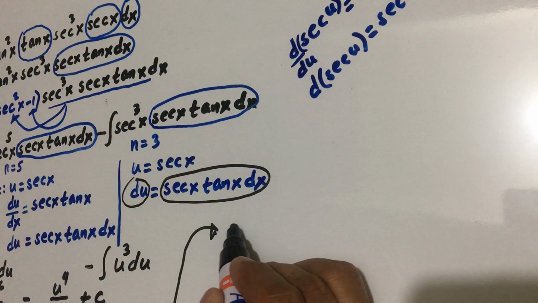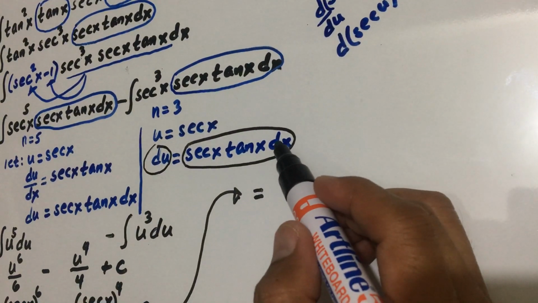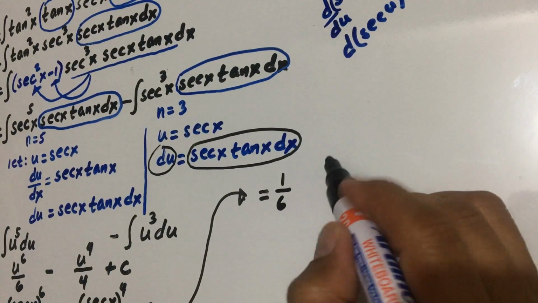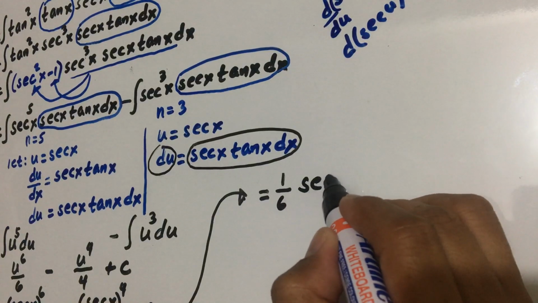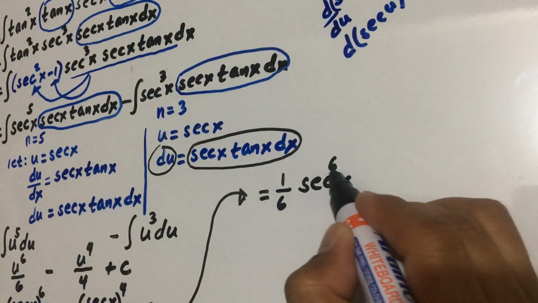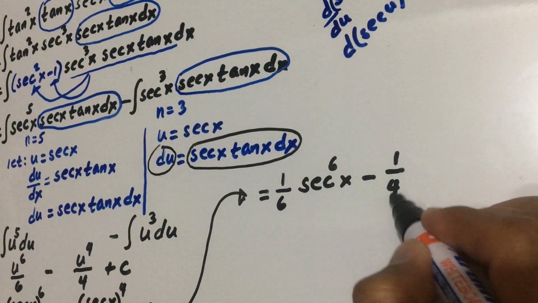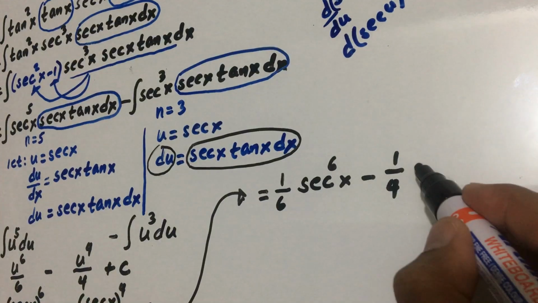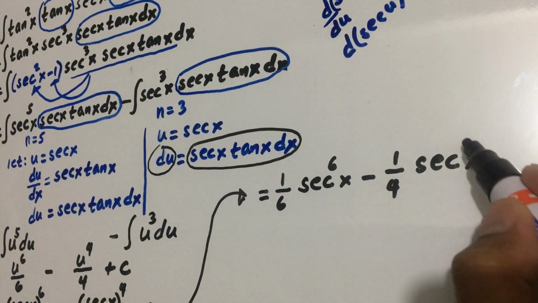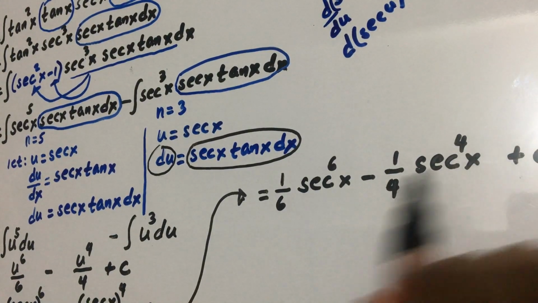So this is equal to, we can rewrite this as 1 over 6 secant x to the 6, then minus 1/4 secant x to the 4th power, then plus c.